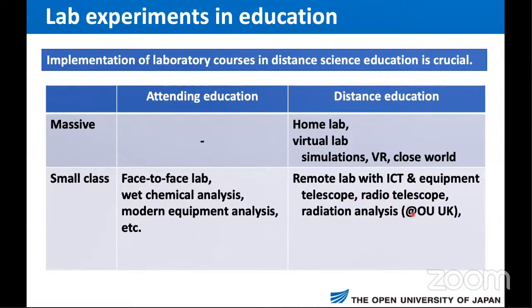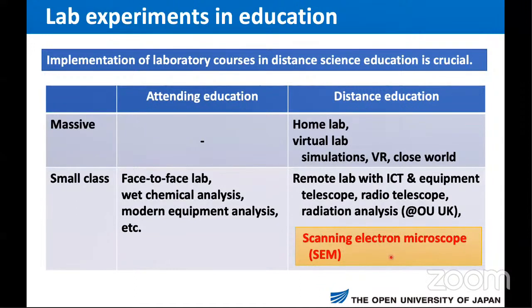For example, at the Open University UK, telescopes, radio telescopes, and radiation dosimetry have been conducted. In this study, a scanning electron microscope, SEM, which is a device to observe the morphology of objects with electrons instead of light, was adopted as a remote experiment of this type.